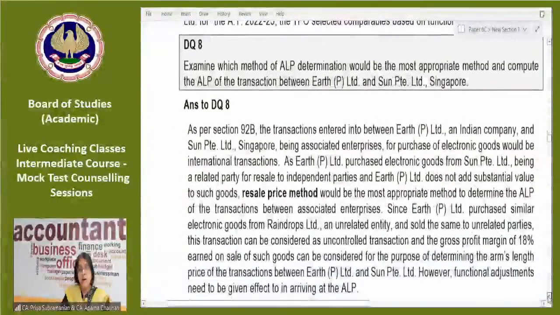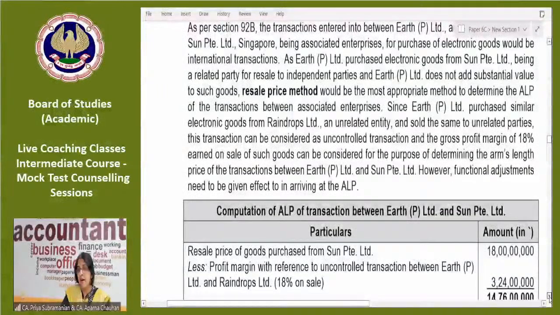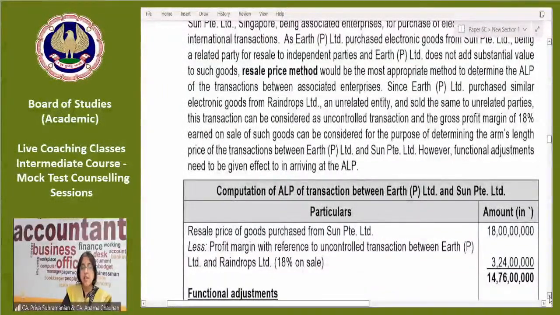So we found that the resale price method is the most ideal method in this case. The resale price of goods purchased from Sun Private Limited is 18 crores. From this, we have to find out the arm's length purchase price of Earth Limited, that is, the ALP of what it purchased from Sun Private Limited. So 18 crores is the basis.